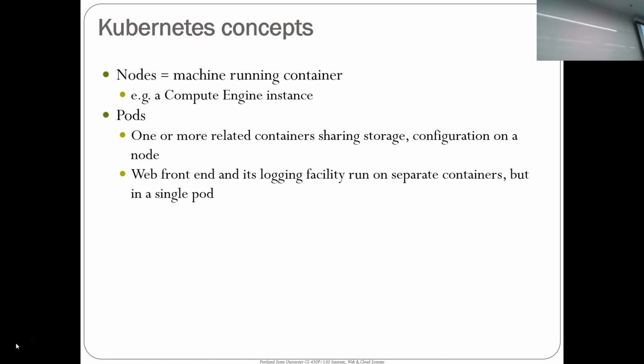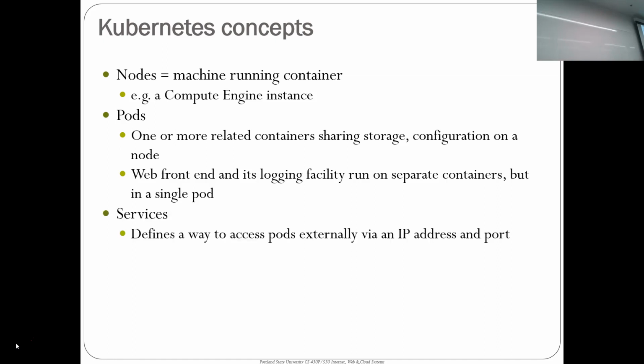So that's the idea. And then from this collection of pods running on nodes, you want to export services. Everything is running behind this Kubernetes cluster, but then you have to actually export an endpoint that someone can access.